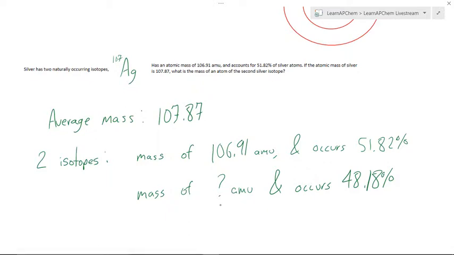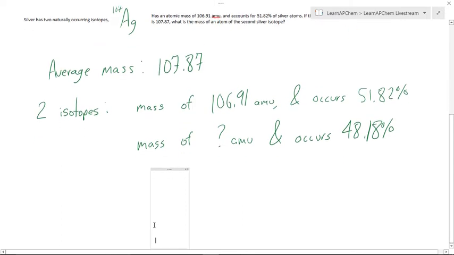That's what the question is asking. Alright, so we know that 107.87 is equal to 106.91 times the percent occurrence.